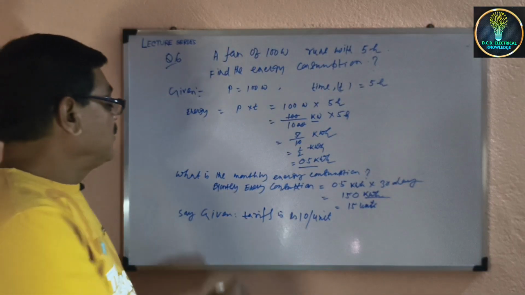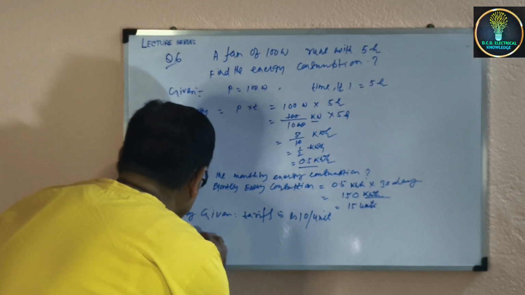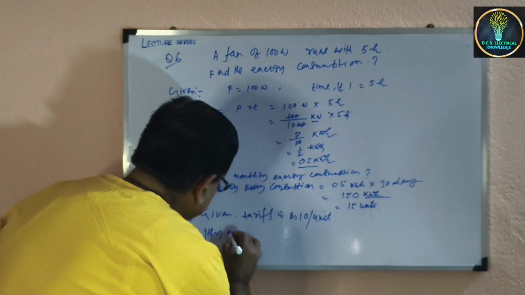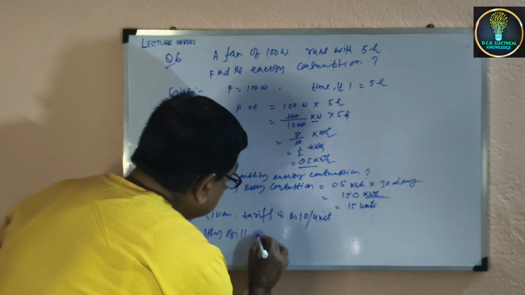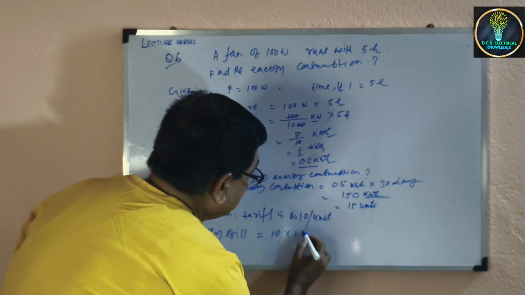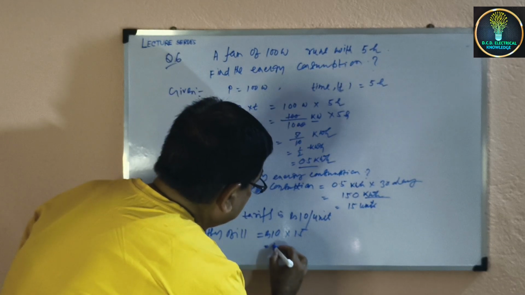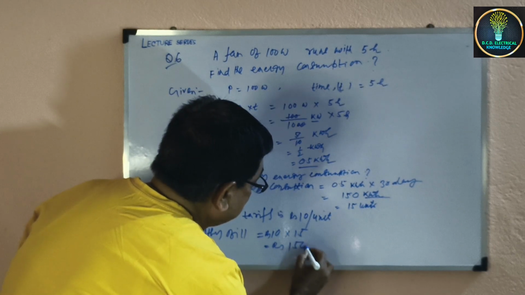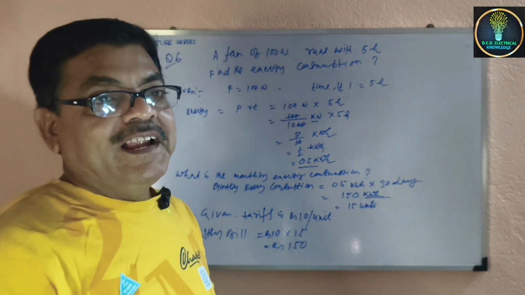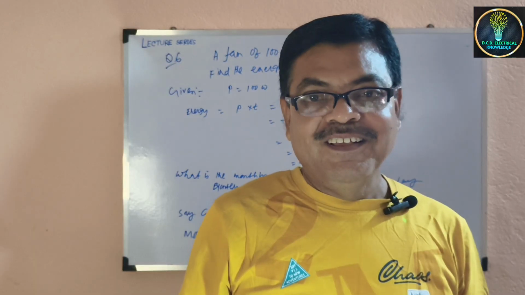So monthly bill is equal to 10 into 15 units, so rupees 150. Okay. Hope it is clear to all my beloved students.